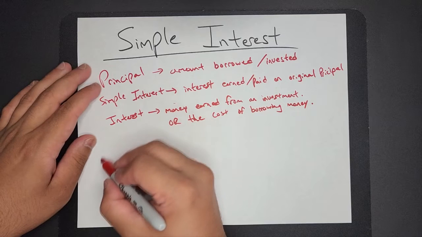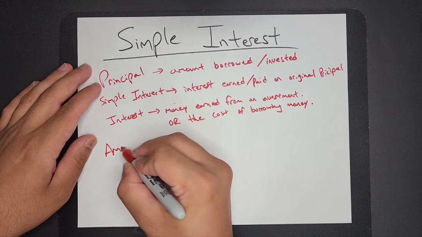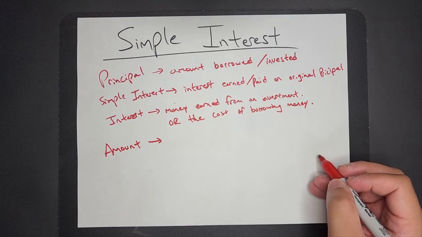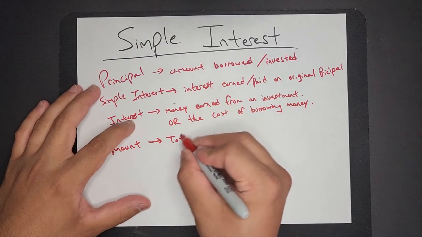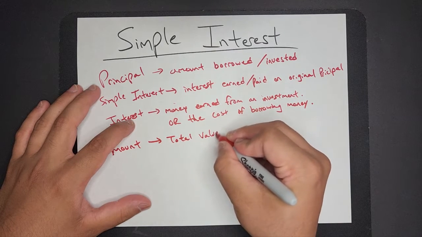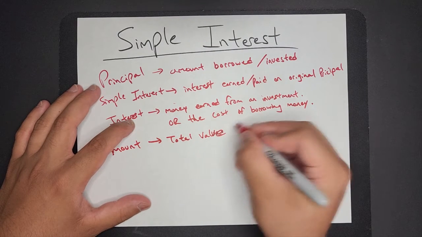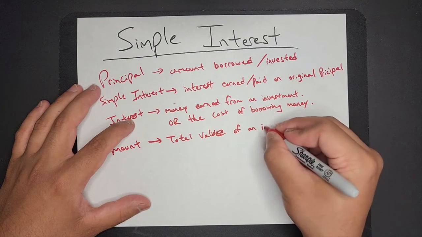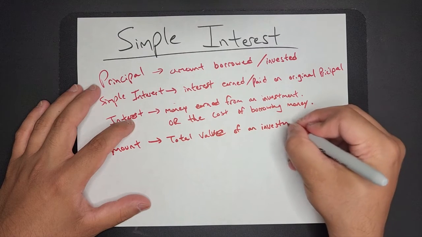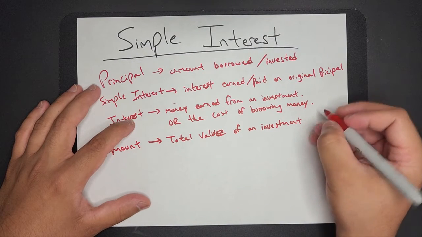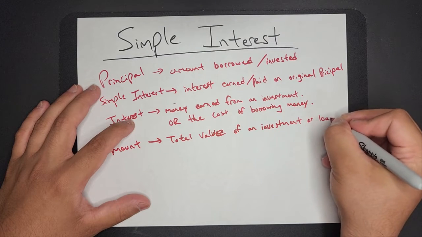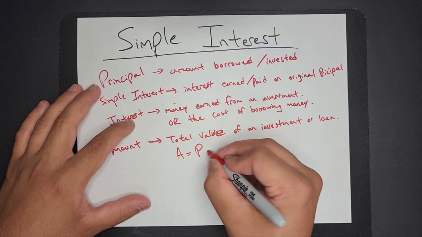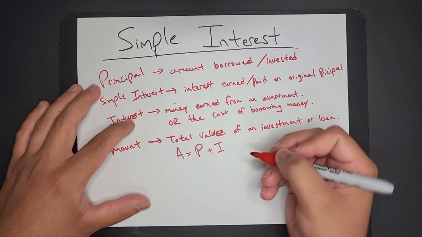And then let's look at one final one. Amount. So amount is the total value of an investment or loan, where A is equal to the principal plus the interest.